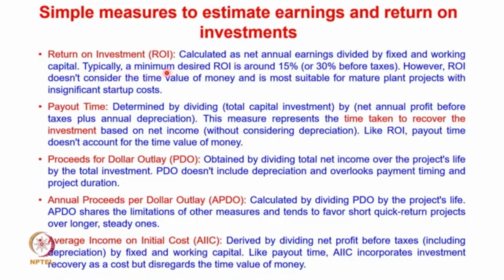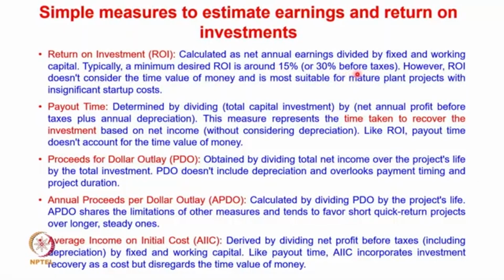Typically a minimum desired return on investment is around 15%. If it is less than that, then it is not viable. This is with respect to when we have deducted the taxes; when we have not deducted the taxes, in that case it should be 30% before the taxes.